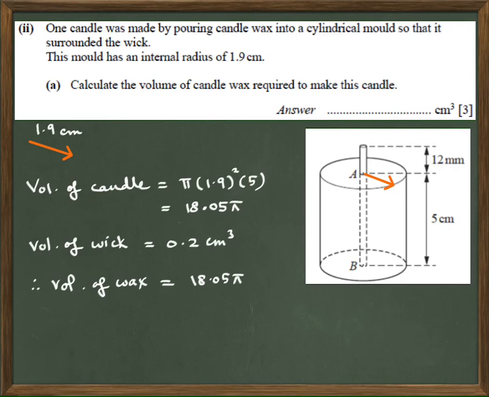From it, subtract the carved out portion, the wick. What do you get? The volume of wax. So therefore, this is 18.05 minus 0.2. Use a calculator. And of course, wick is just a very small portion. It's all about the wax. That comes out to be 56.5 centimeter cube. That is the volume of wax required.